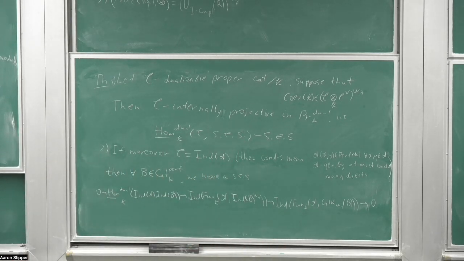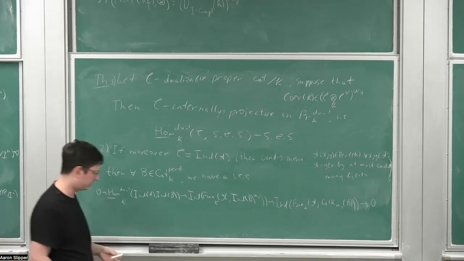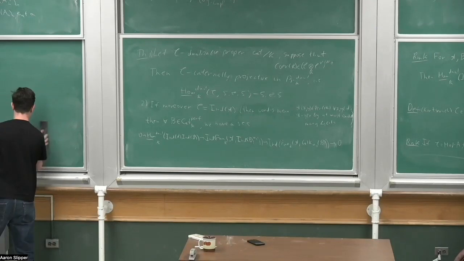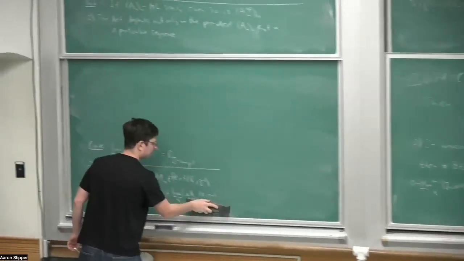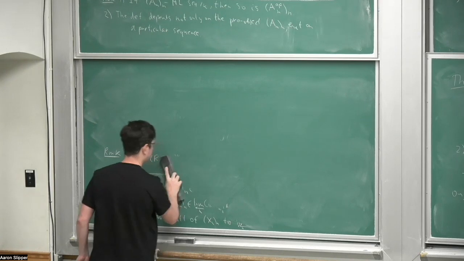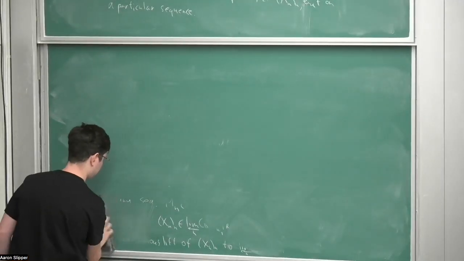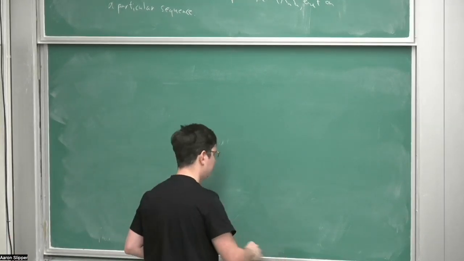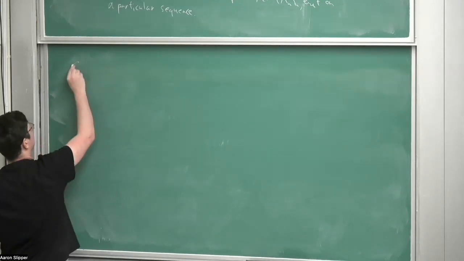So first, I will explain how a general rigidification works without any assumptions on the symmetric monoidal category. So this is a kind of general construction.